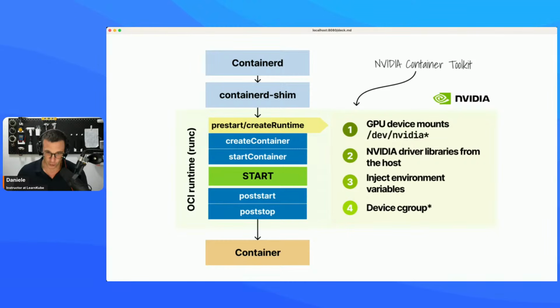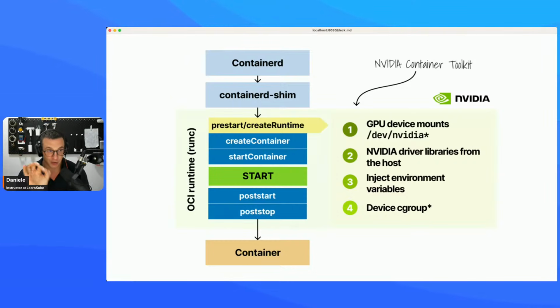So all of this process is actually done for you by the NVIDIA Container Toolkit, and this is basically the trick that NVIDIA is doing to make sure that you can mount the GPU inside your container. I think it goes through several steps, but the idea that I want you to remember is that the container needs to talk to the GPU, and by default, the container is fully isolated.